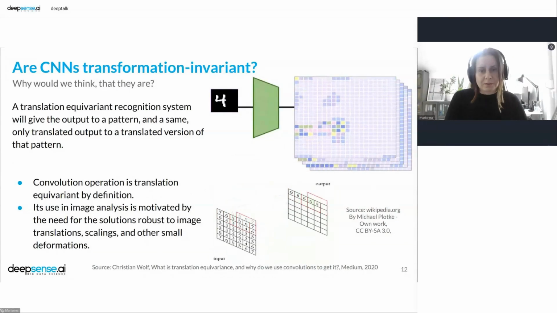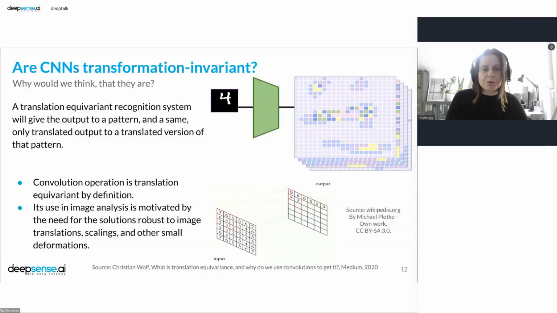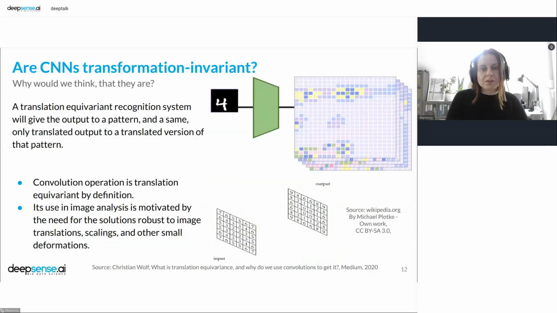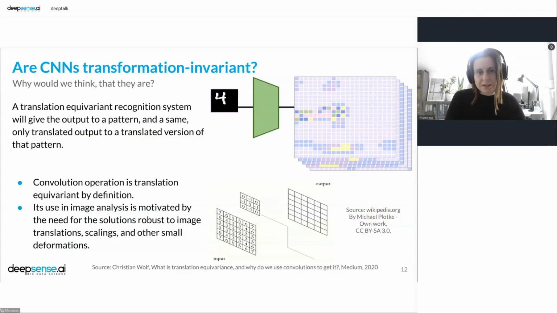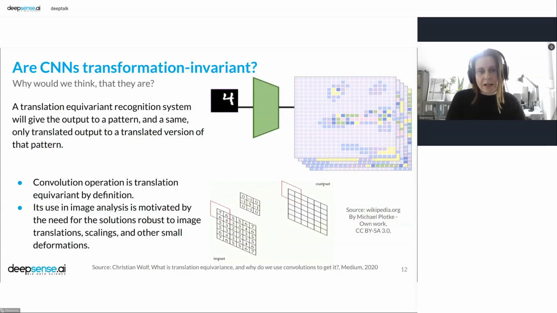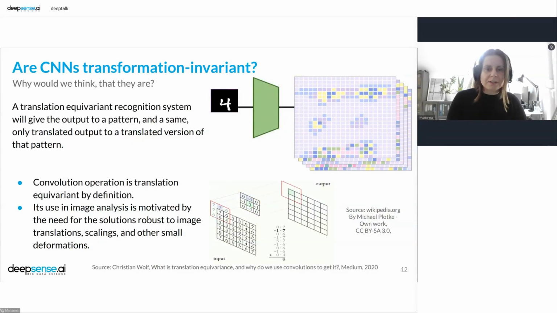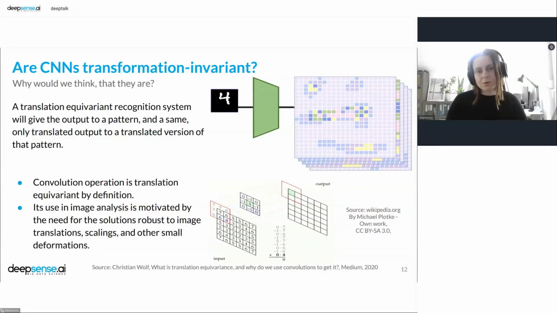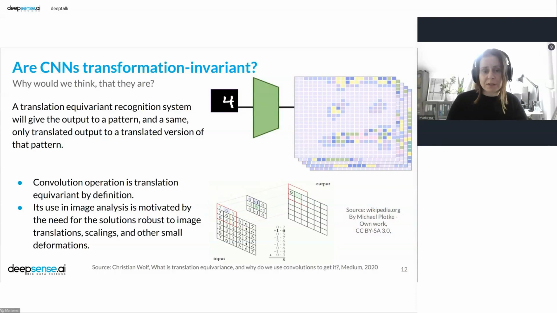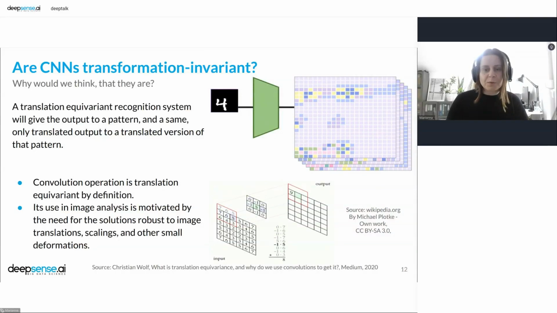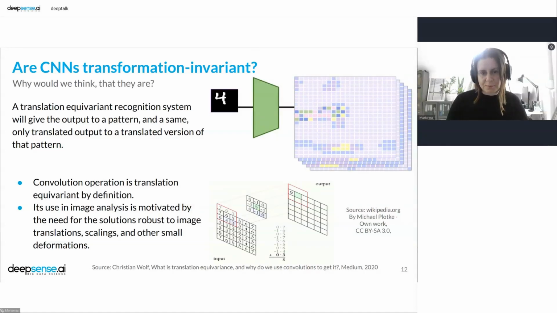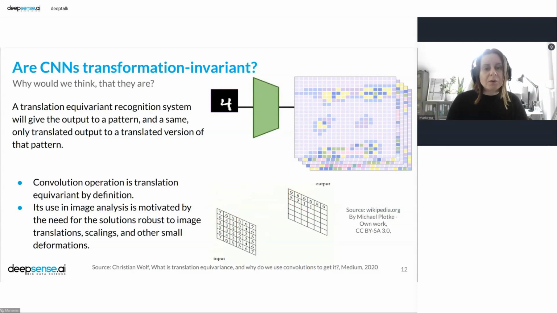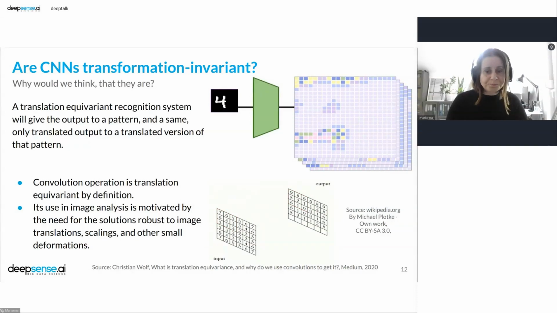This is very disappointing because convolutional neural networks should be, if not translation invariant, then at least translation equivariant. Translation equivariance is a feature of convolution. It was the first motivation to use convolutional layers for image analysis. For some of you, this might be obvious, but for those who don't deal with images on a daily basis, you can see how convolution works in the image.